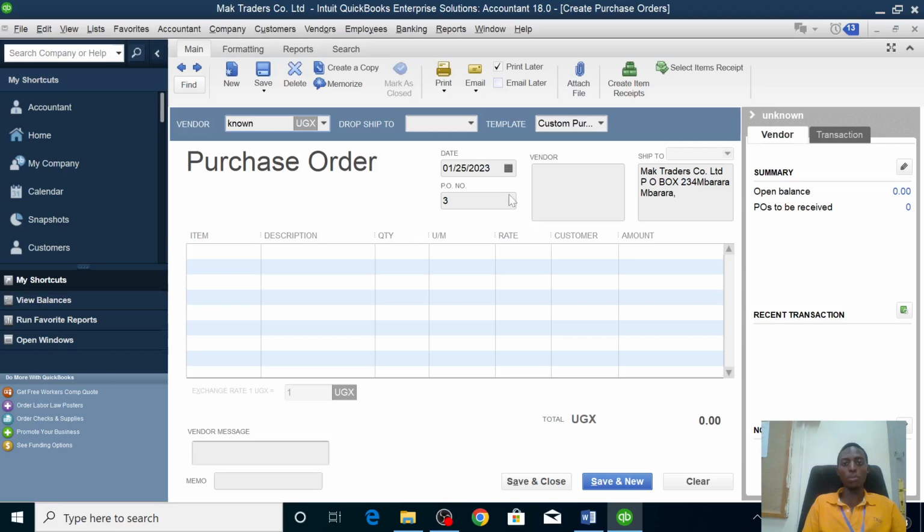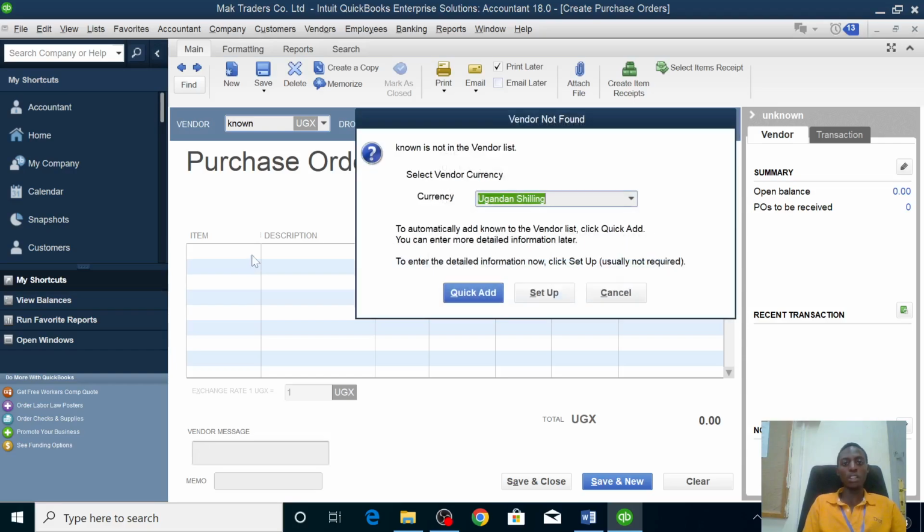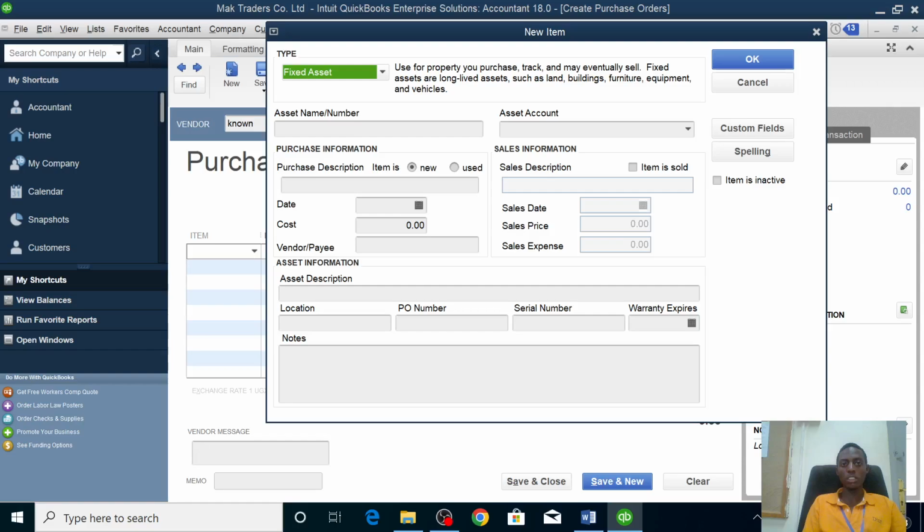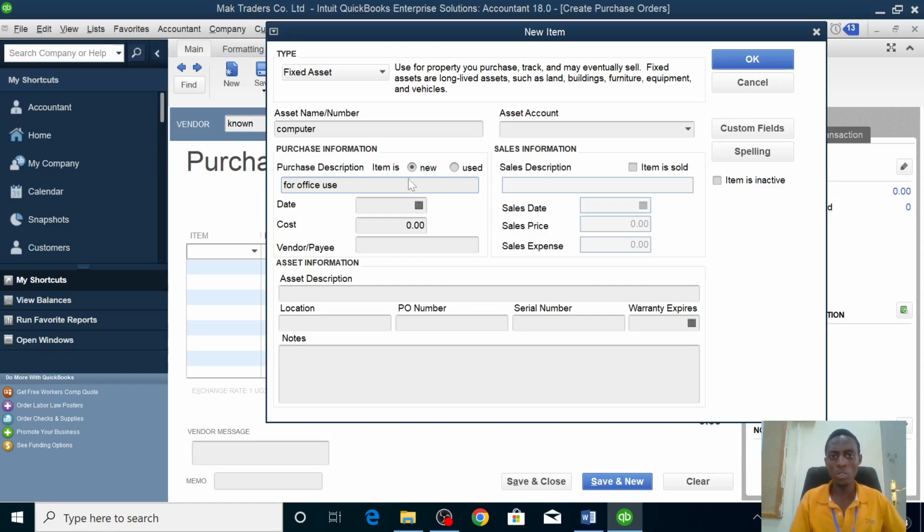Come to item, that is 25th. Come to item, here I add a new, it's a fixed asset, name is computer, description, this computer is for office use.